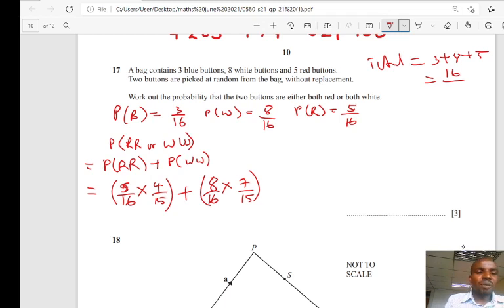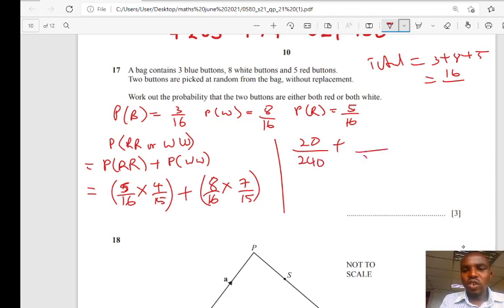You can just punch it in a calculator or multiply the numerators. 5 times 4 is 20 over 16 times 15. 16 times 15 is 240. Plus 8 times 7. This one is over 240 because 16 times 15. Then 8 times 7 is 56.